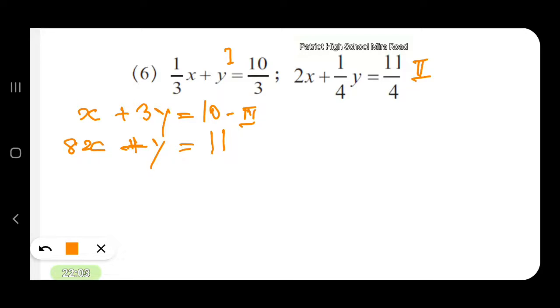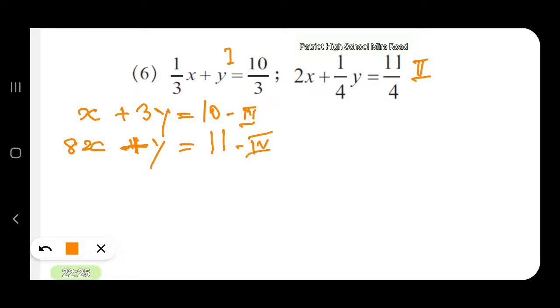Now we can either eliminate x initially or eliminate y initially. So let us try to eliminate x. So multiplying equation 3 by this will be equation 4.